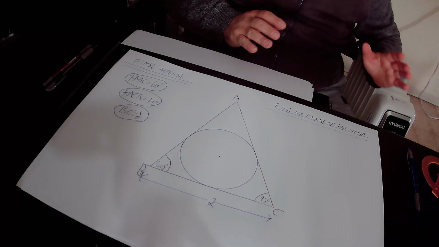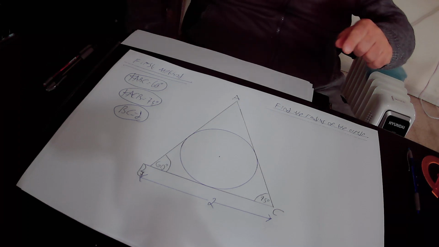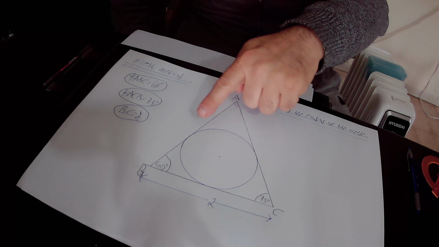We start with the first method, and we do a construction. From point C, we draw a perpendicular on AB.